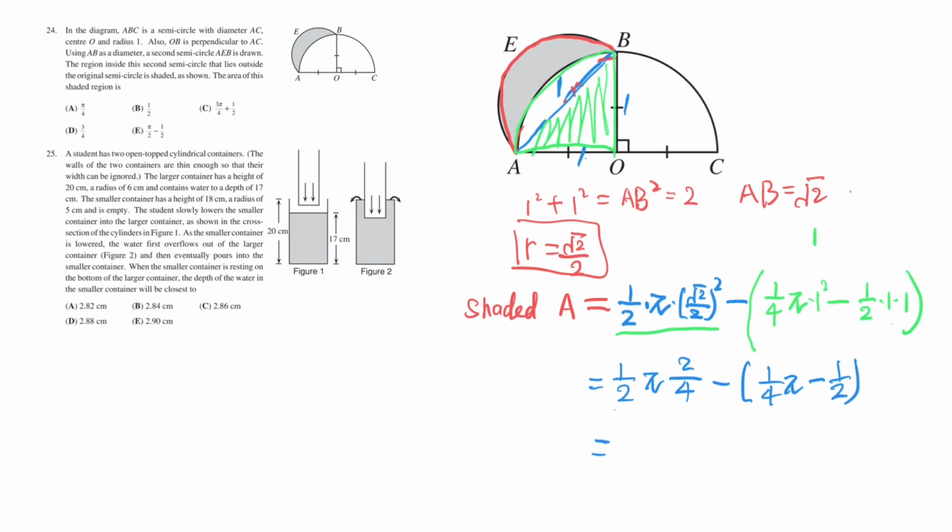The first term cancels, that's pi over 4. Open the bracket: minus first, still pi over 4. Negative, negative, positive, that's 1 over 2. So cancel the pi over 4, that's 1 over 2. So for number 24, the shaded area is 1 over 2. That's B.